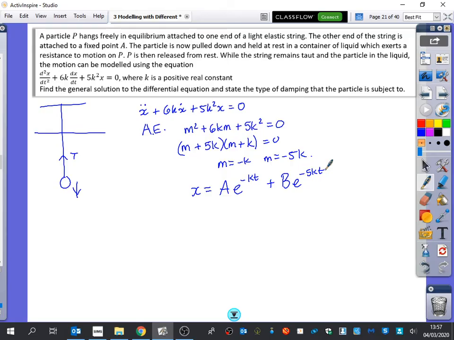What's the type of damping? This one, 2 distinct roots. Heavy damping. Okay? So it's a really easy question.